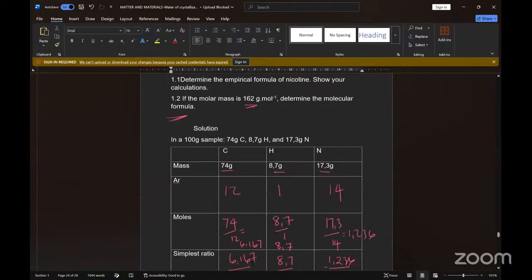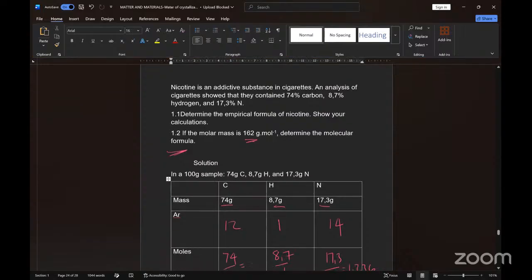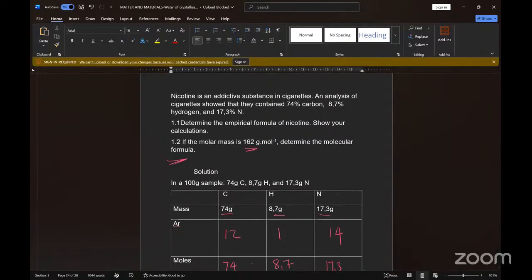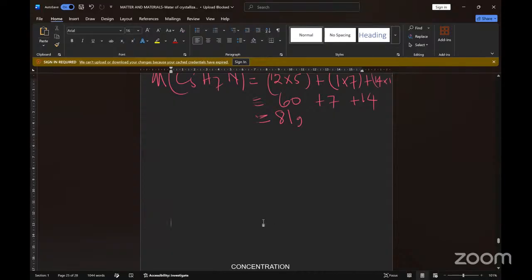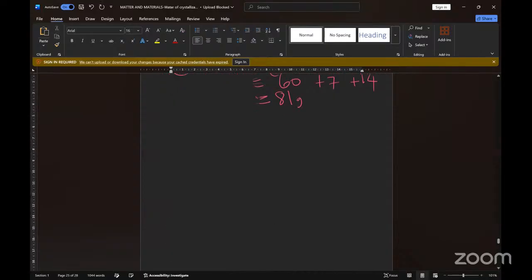Now, you remember that here they say if the molar mass of the compound is this, 162. So this is how you are going to do it. You are going to say that the value n is equal to your molecular formula molar mass divided by your empirical formula molar mass.